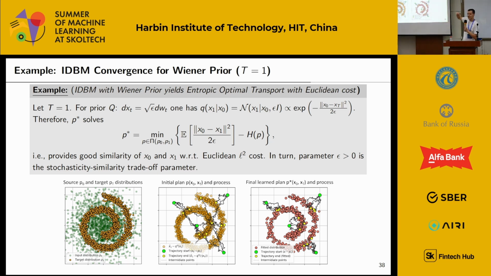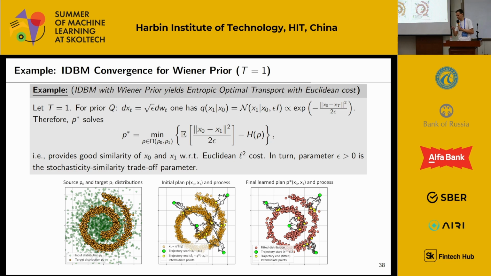But when you do this procedure several times, you obtain quite a nice diffusion in which, when you map points from the green distribution to the Swiss roll, it maps points to neighbor points in your target distribution. So this coupling turns out to be an optimal coupling with respect to a certain entropic optimal transport optimization objective.